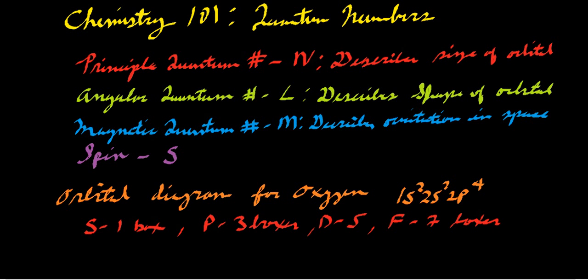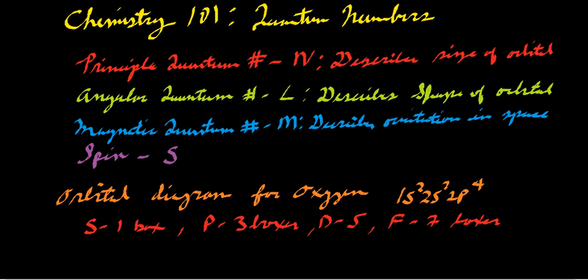Well, here we go. There are 4 letters that pertain to the quantum numbers, where each letter represents a number. You have the principal quantum number, which is represented by N, and describes the size of the orbital.